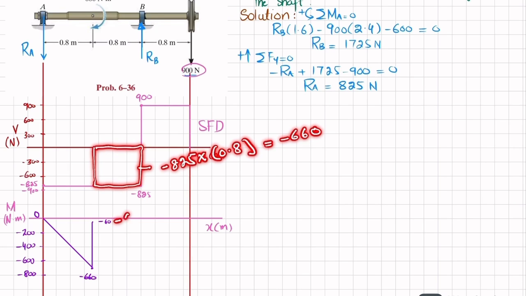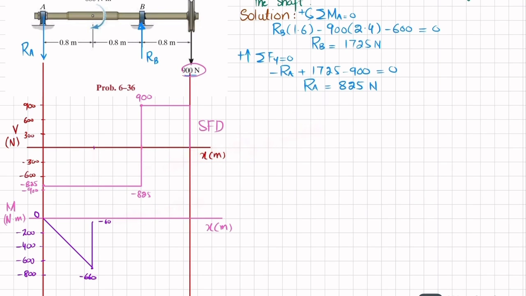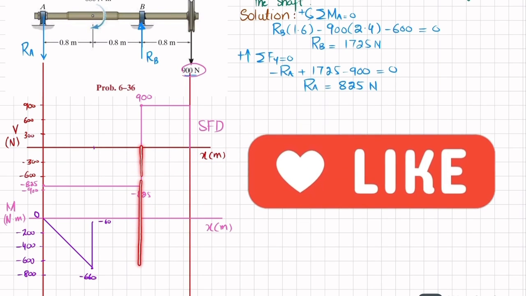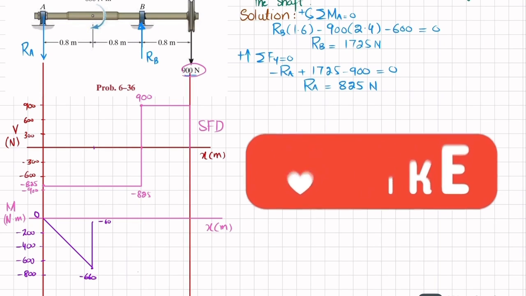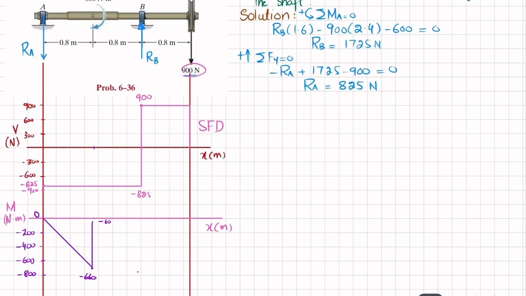So minus 60 minus 660 will give you minus 720. So at this point, the bending moment will change to minus 720. Let's say 720 is somewhere here.